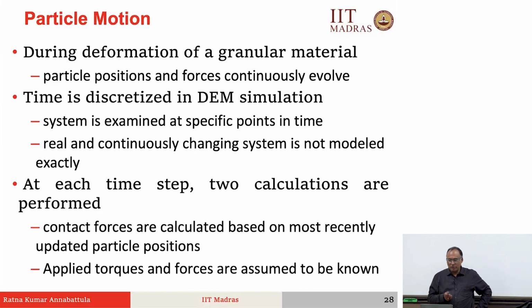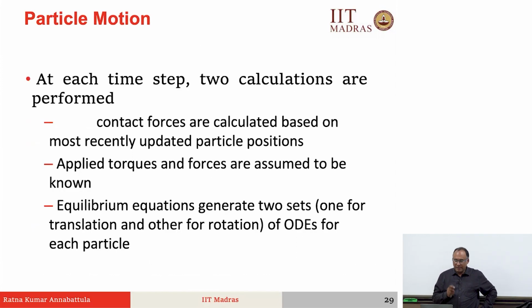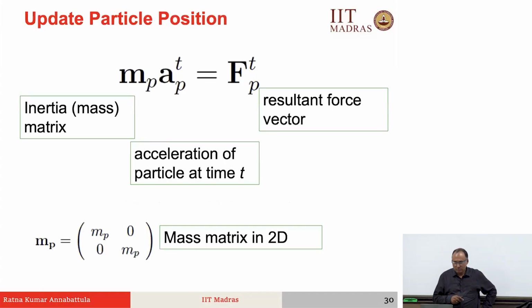Okay? So, with all these things, you will generate the equilibrium equations, two sets of them, that is, one for translation and another for rotation. And then you solve this ordinary differential equation, M u double dot is equal to F, and get the accelerations.